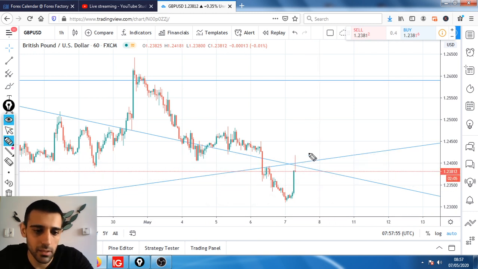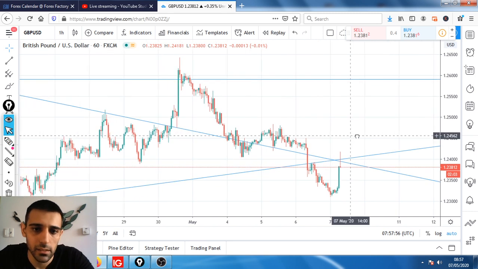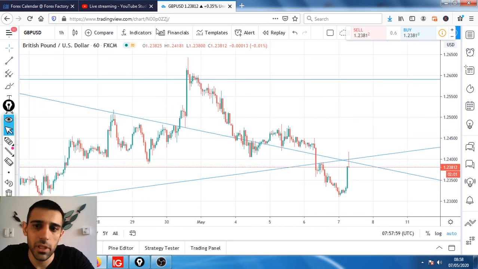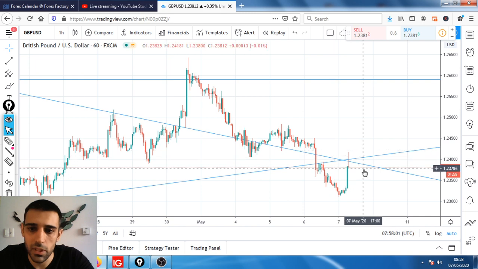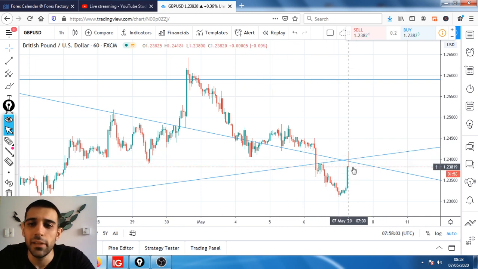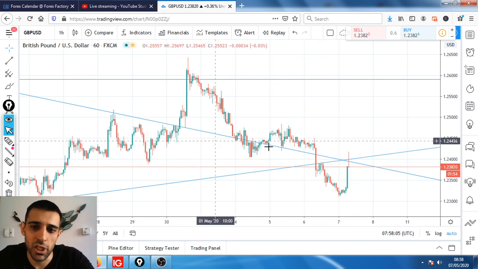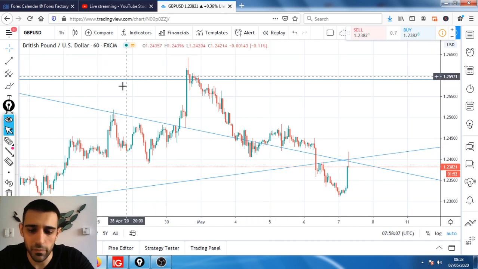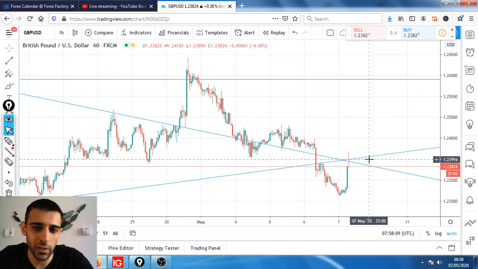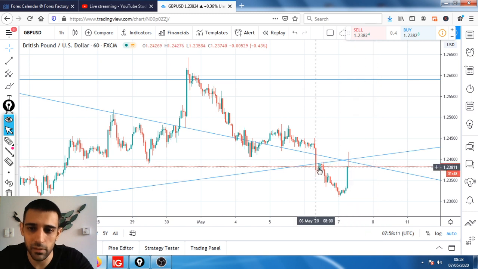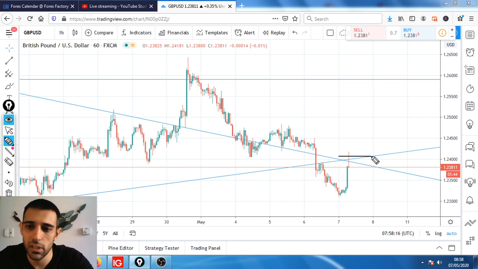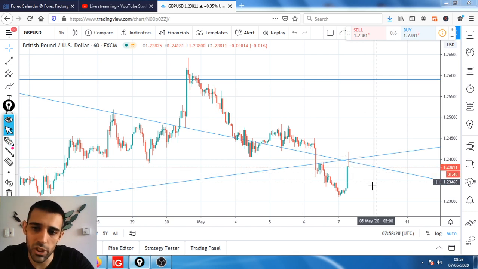So I want to see it close, and that will disqualify the entry which I just mentioned. I believe that was the first currency I analyzed, so that will disqualify the entry down to this level, of course, because we have not closed up to this level, and now the price is putting in this doji candle.